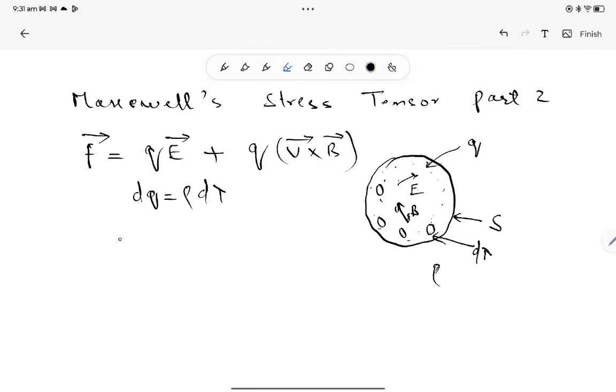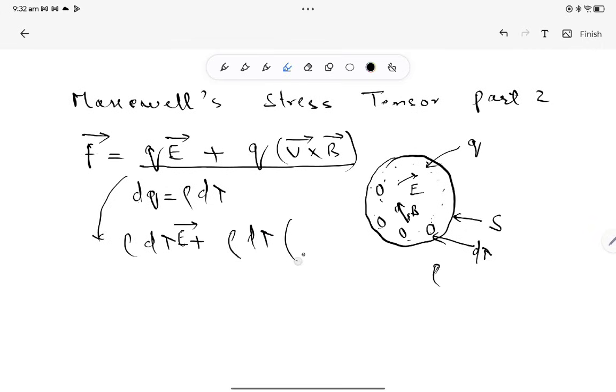The force on this small amount of charge will be rho d tau E plus rho d tau V cross B. This is the force on this small amount of charge, that is dq.